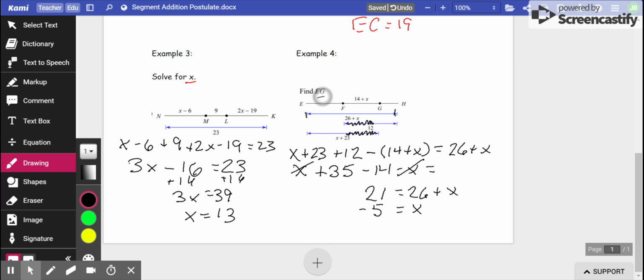Now in this problem, it does not say solve for x. It says solve for EG, which is this whole segment. So if I take the negative 5 plus 23, combine that together, that will give me the full segment of EG, which is 18. Thank you, and I hope you enjoyed this.